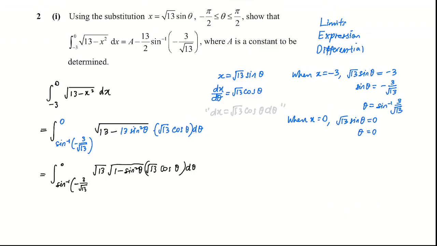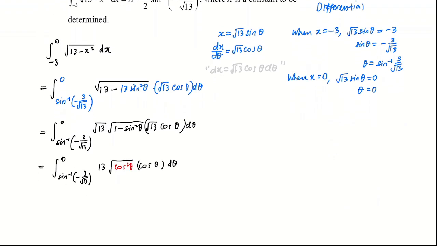So then we can further simplify things out. Observe that this one over here we have 1 minus sine square theta. I will change it to cosine square, and cosine square and the square root will cancel. So I will see something like this.